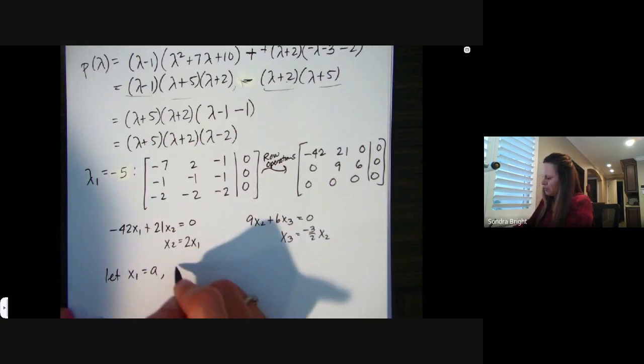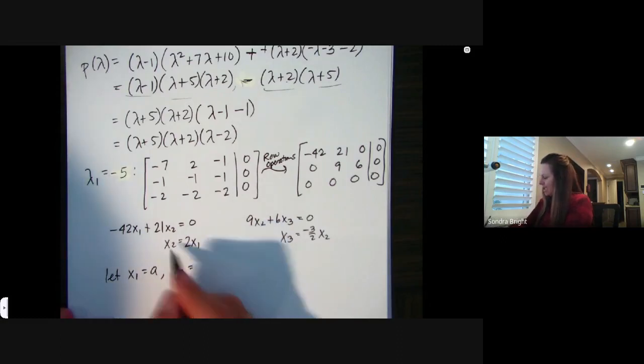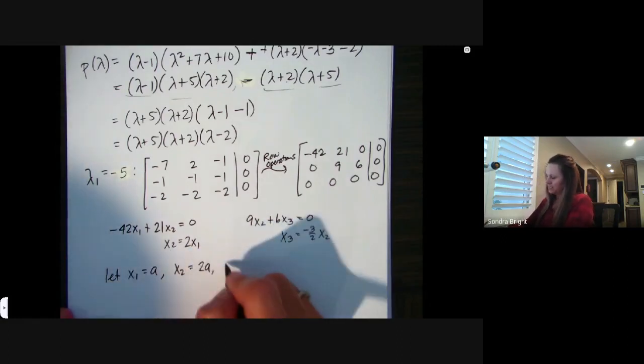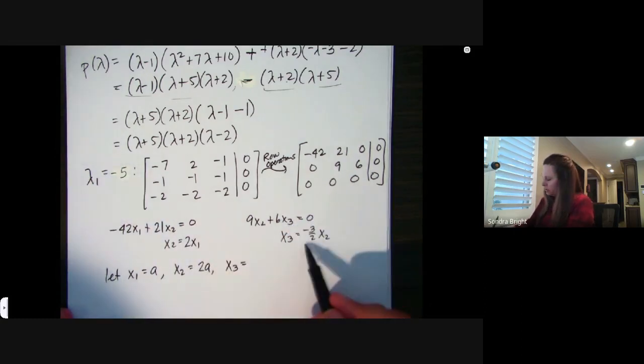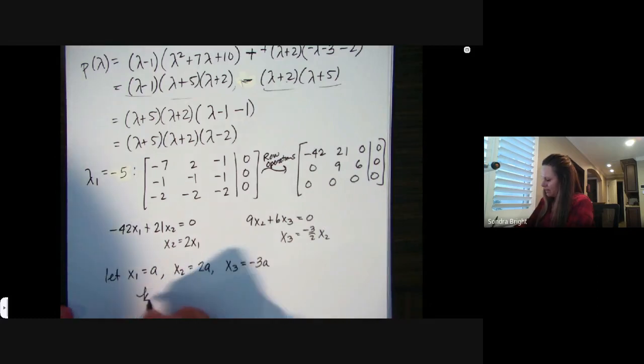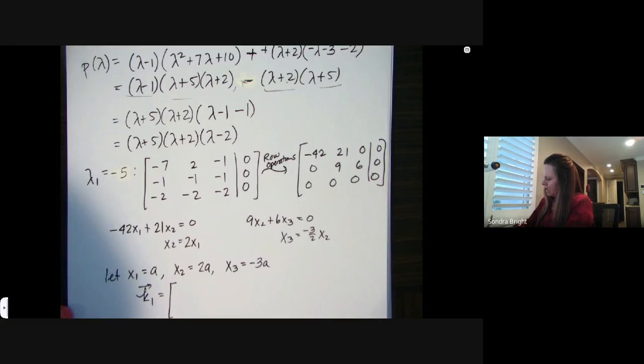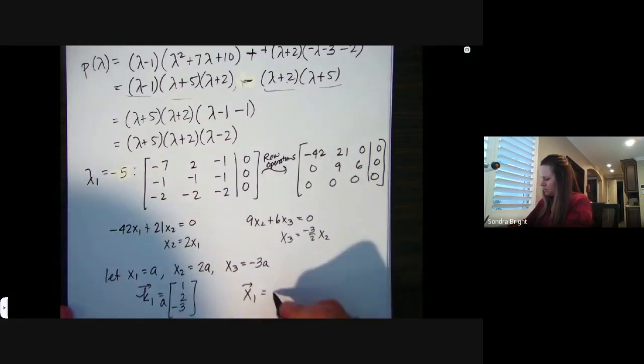Then x2 would equal 2a, and x3 would be negative 3a. So your eigenvector here is a times 1, 2, negative 3. And so your first solution would be e to the negative 5t times 1, 2, negative 3.